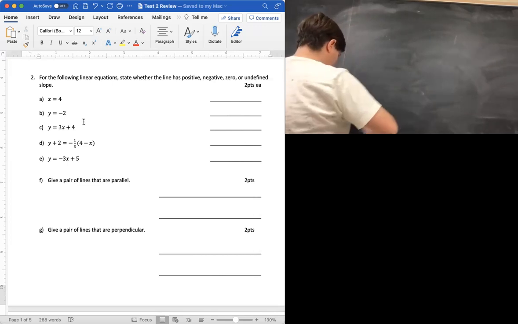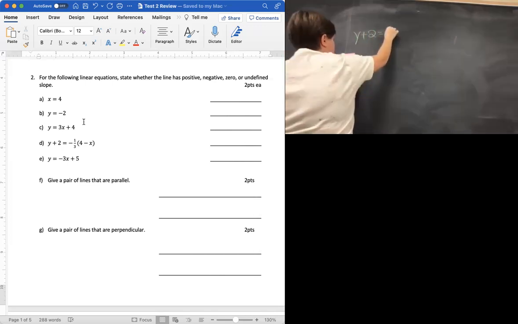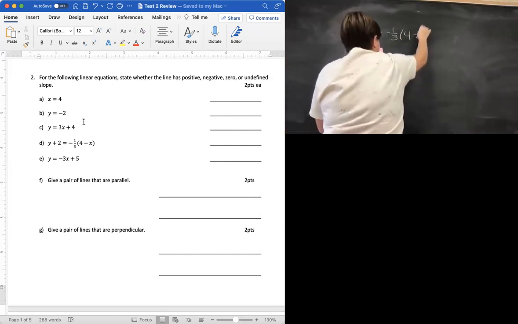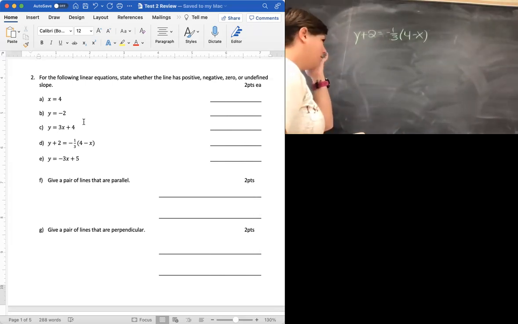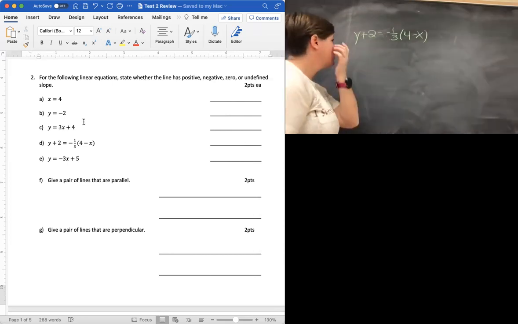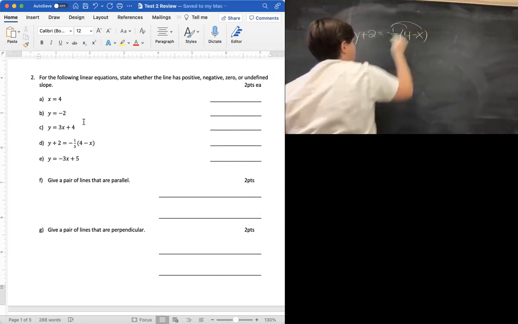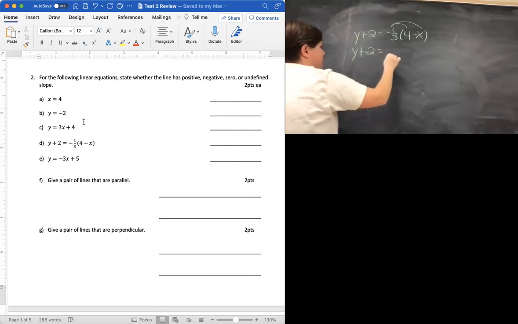For D, you have y plus 2 equals negative 1/3 times 4 minus x. Now this is not written in y equals mx plus b form. So I recommend getting it at least partially in y equals mx plus b form. And we do that by distributing that negative 1/3 into our parentheses.